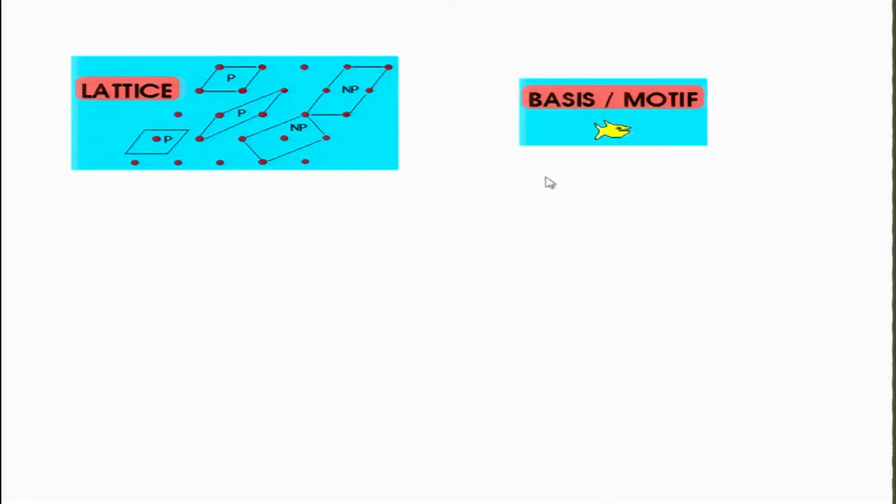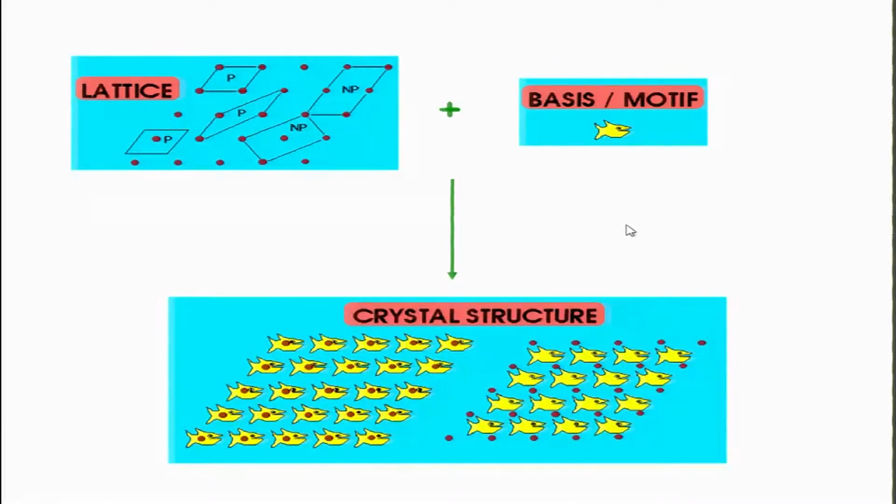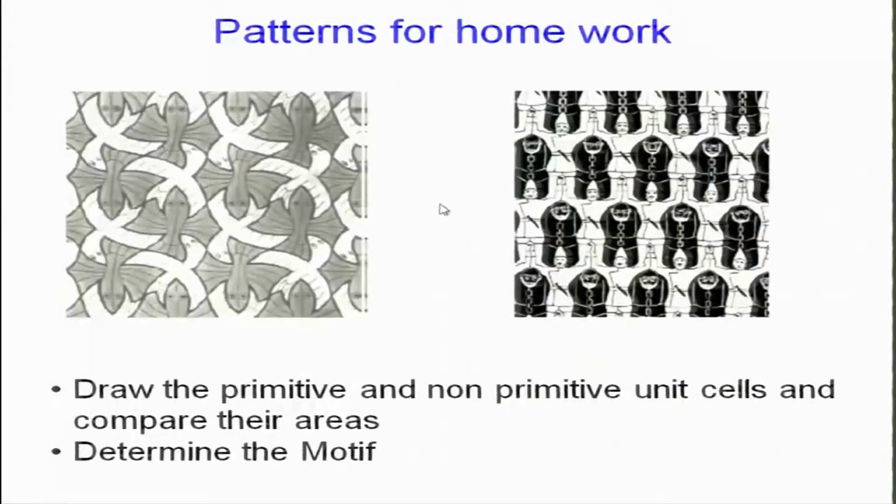To summarize, this becomes a crystal structure if you replace the point by a motif. So these are some patterns which are provided to you.